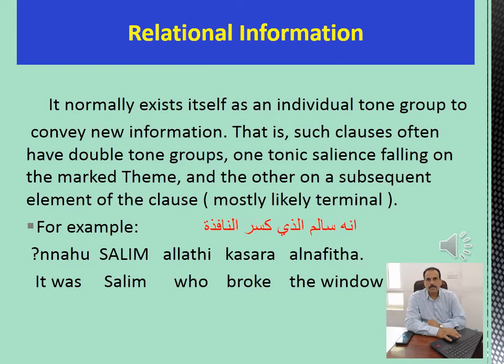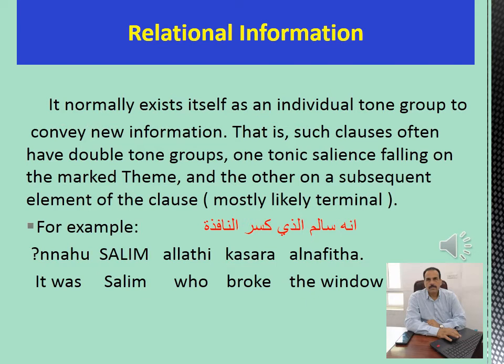Relational information normally exists as an individual tone group to convey new information. That is, such clauses often have double tone groups, one tonic salience falling on the marked theme and the other on a subsequent element of the clause, most likely terminal.